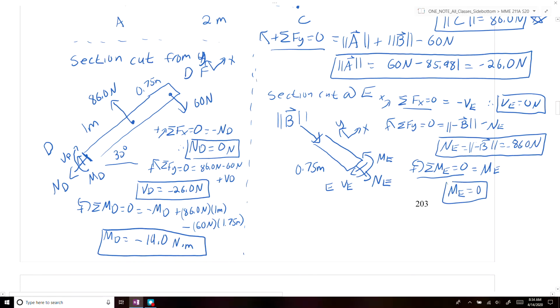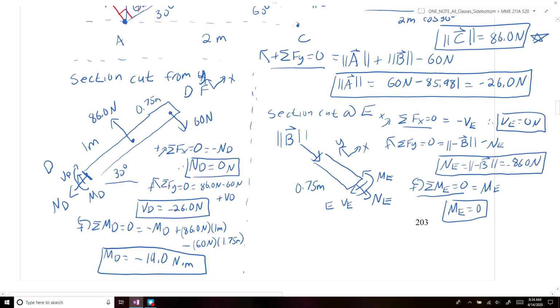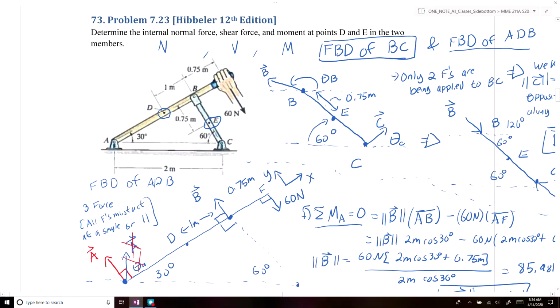Alright, so to summarize what we've done in this problem, we had a two-member machine that we broke down into its two members, ADB and BC. We drew our free body diagrams of both of those members.